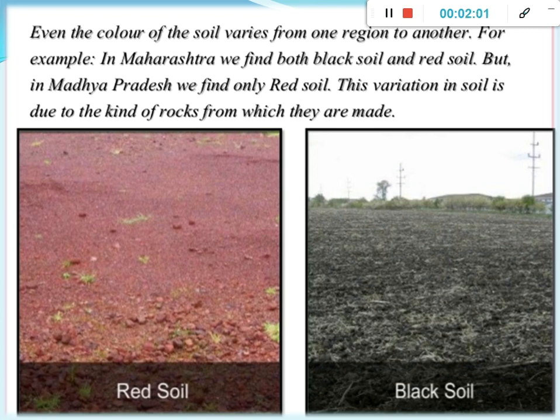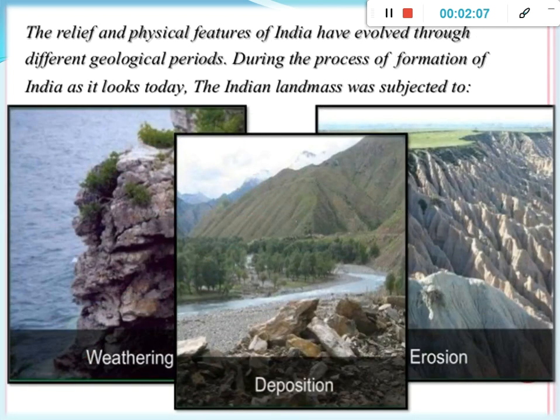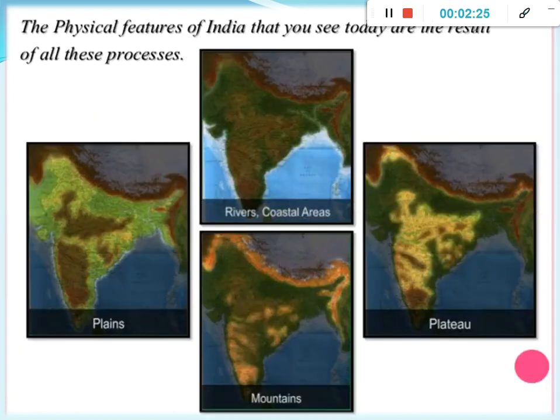It depends on the formation of rocks, how the soil is formed, and it is made from different periods. India as it looks today took a long period for its formation, and different factors are responsible for it.